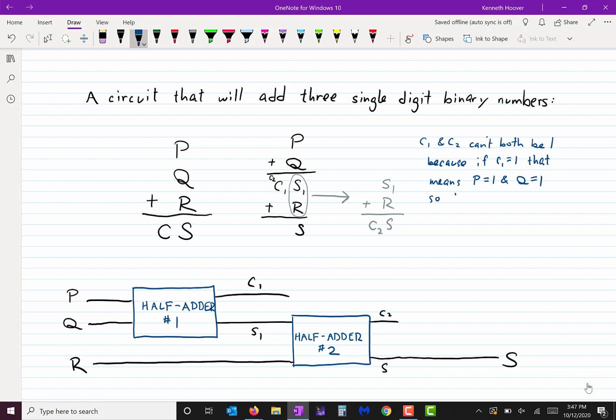So P plus Q would have equaled 2, which is written this way, which means that S1 would have been 0.